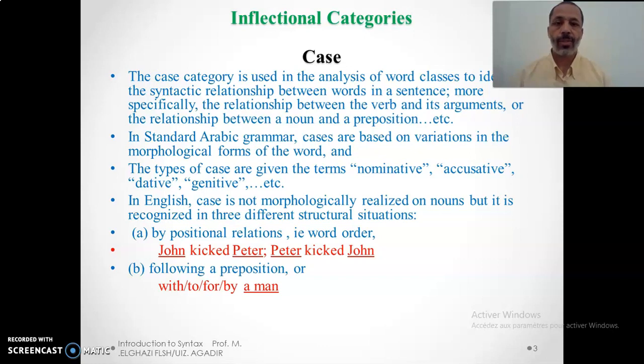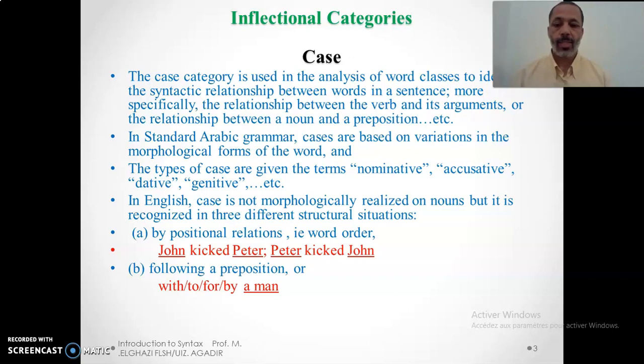So if the noun phrase comes before the verb, automatically it is a subject and it has a nominative case. If the noun phrase comes after the verb, it must be an object or a complement and it has an accusative case, and so on.